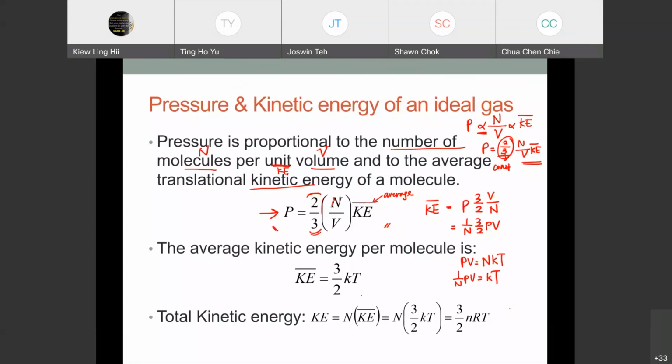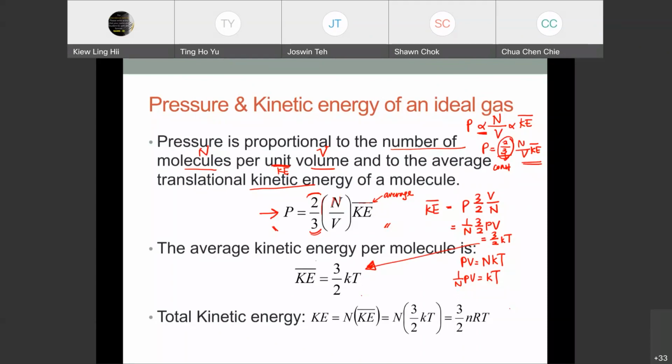So from here, 3 over 2 KT. So this is how we get this one, yeah? So average kinetic energy is equal to 3 over 2 KT, okay? So that is kinetic energy.